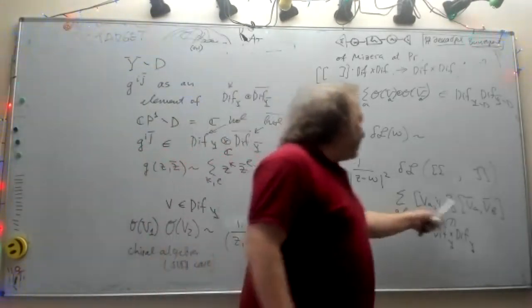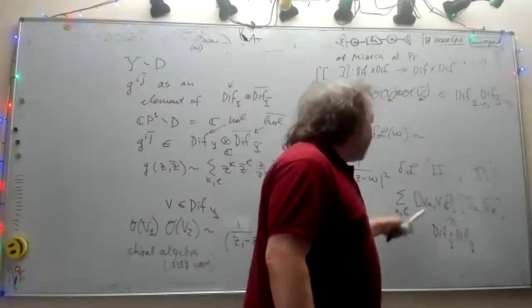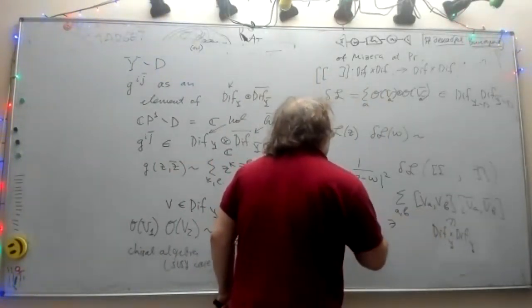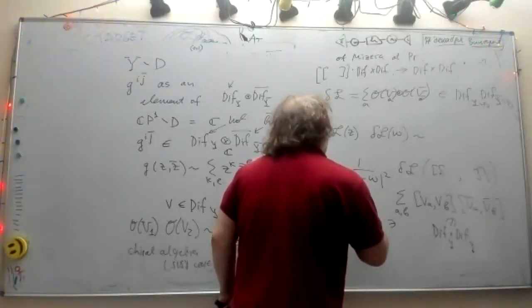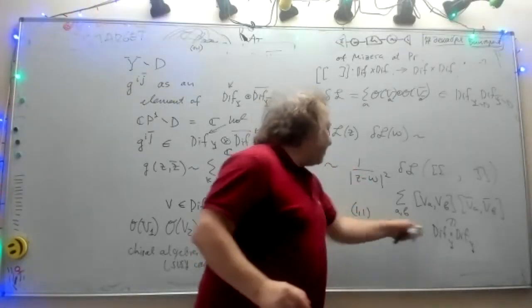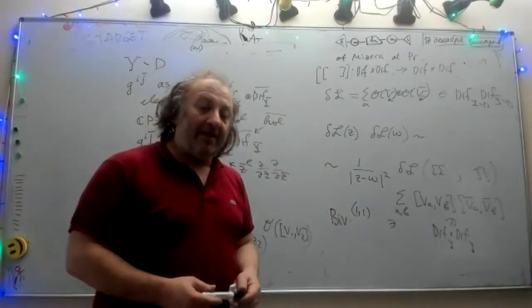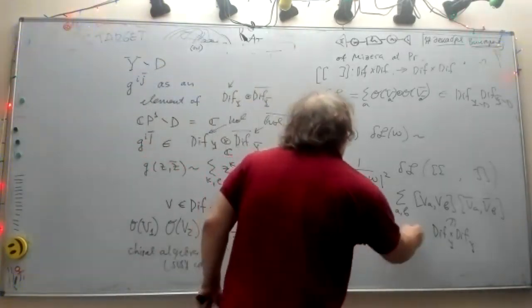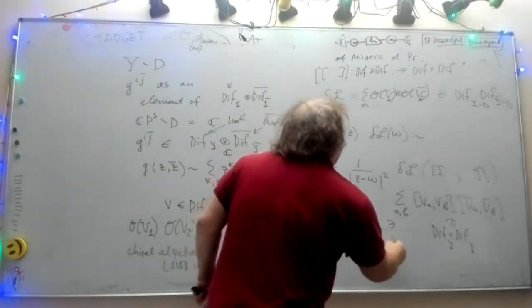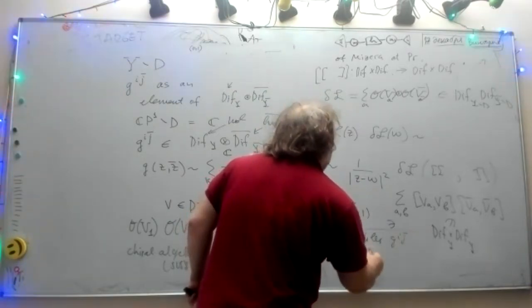So what I have here, once again, I have something that is of the type (1,1). And surprise, surprise, for Kähler, G I G-bar is the Ricci tensor.